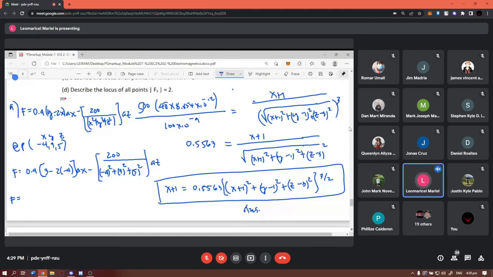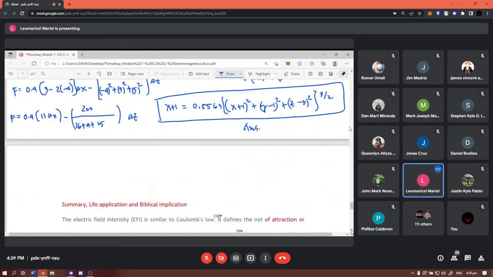So 3 plus 8, 11. So that would be 0.4 multiplied by 11 ax, plus naman, no? Okay, minus 200 divide 16 plus 9 plus 25. That would be az. Simplify it further.